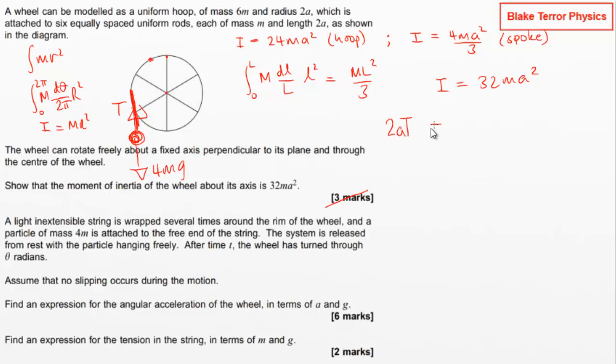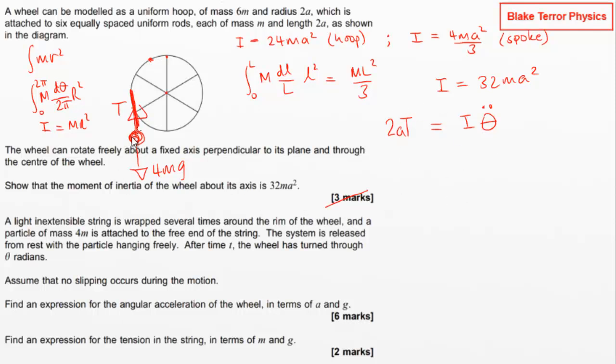That moment is going to be equal to the moment of inertia multiplied by the angular acceleration. So this is the angular equivalent of Newton's second law. Force is mass times acceleration; here the moment is the angular mass times the angular acceleration. So that's one of our equations.